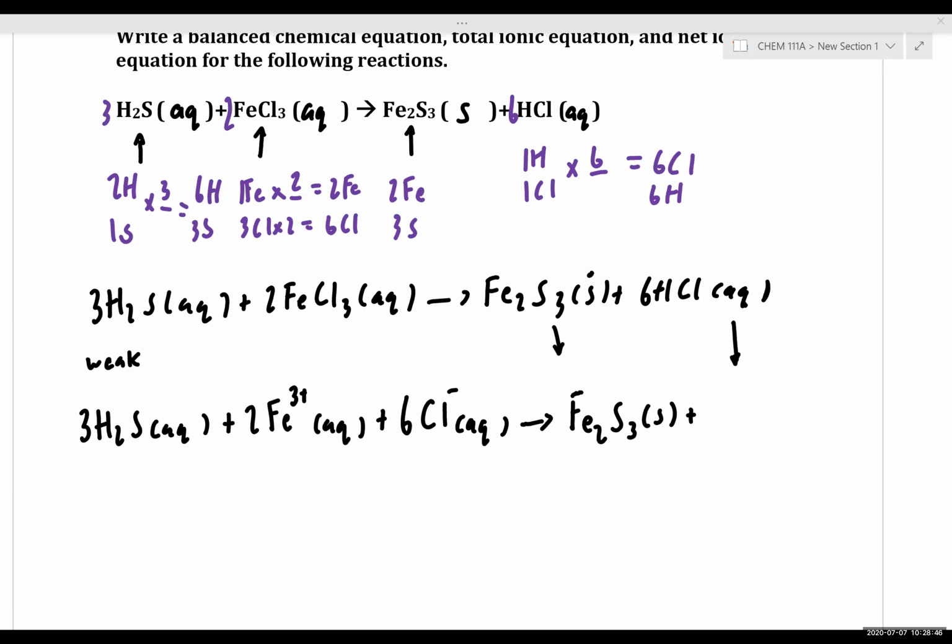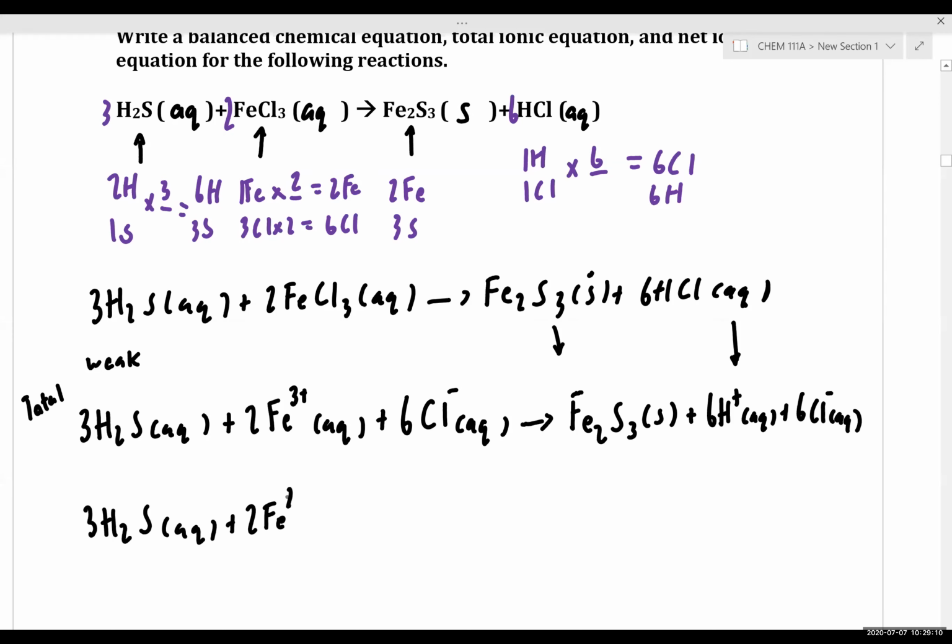Yes, so that breaks down into 6H+ aqueous plus 6Cl- aqueous. So this is our total ionic equation. Now I'm going to rewrite our total ionic equation.